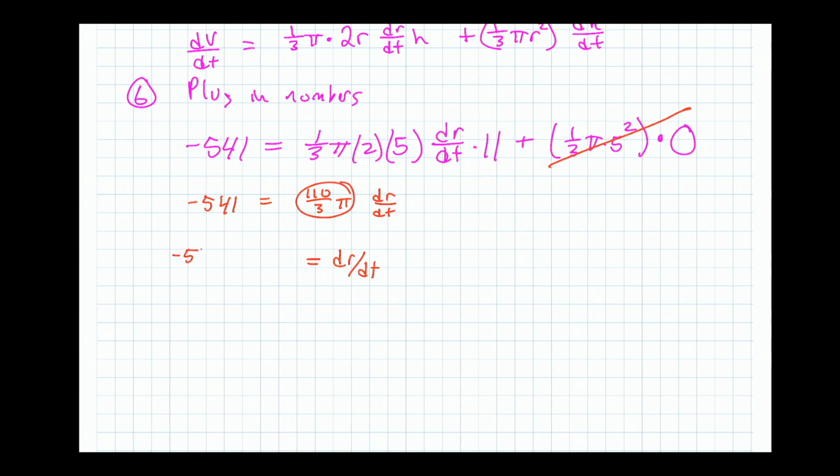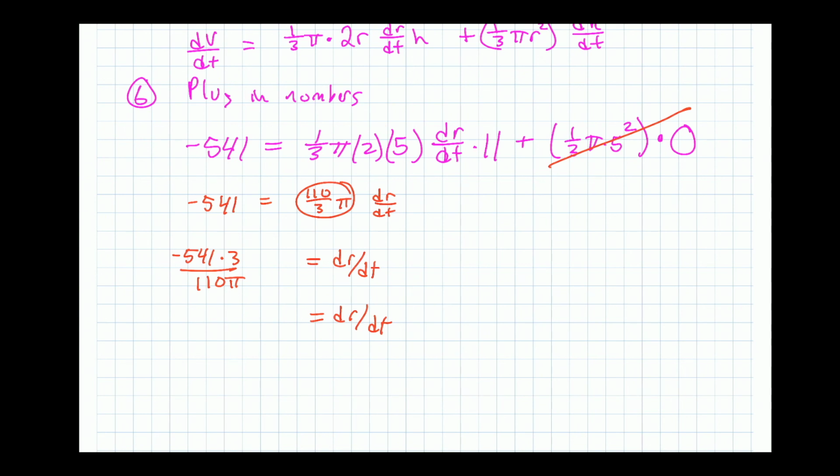So you have negative 541 times 3 over 110 pi. And if you work out the units, I guarantee they would work out. Can I get that as a fraction?